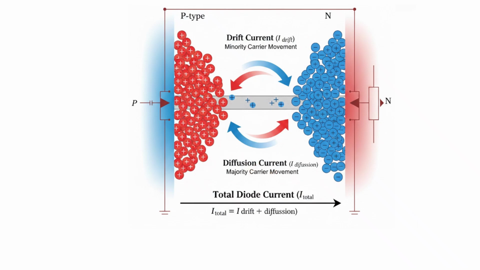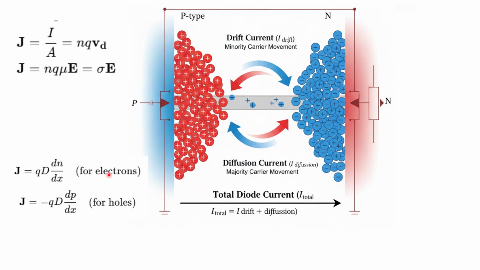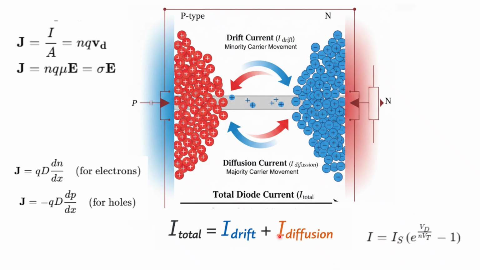So diffusion is due to the concentration gradient inside, and drift is due to the external application of the electric field or voltage. If you add both currents, you get the total current flowing inside the diode, and if you solve, you get the final equation.